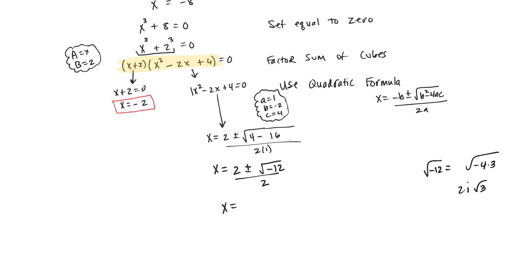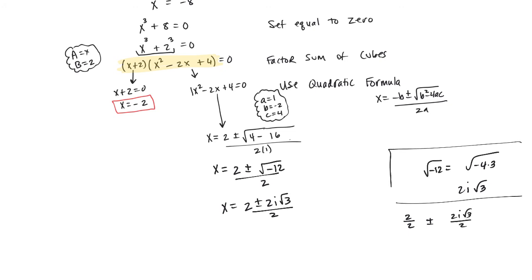So we get x equals 2 plus or minus 2i times square root of 3 all over 2, and then dividing each of those by that denominator of 2, we would get that to simplify as 1 plus or minus i root 3. So it's 1 plus or minus i root 3.